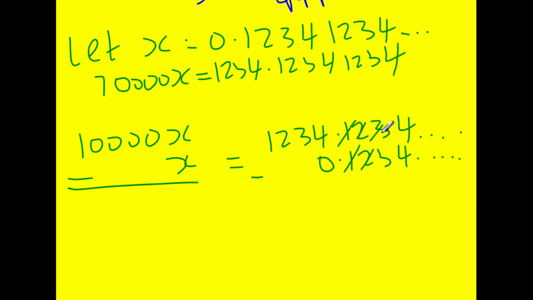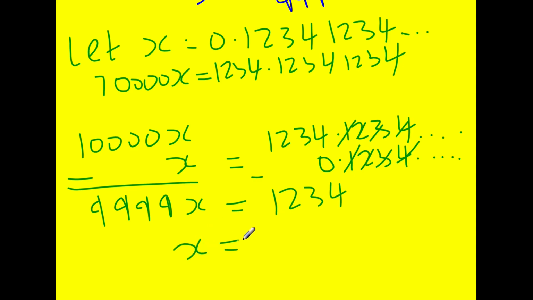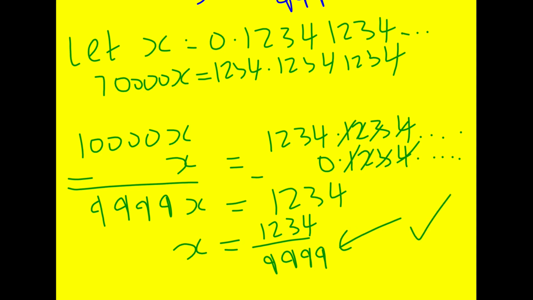These cancel. We're left with 9,999x equals 1,234. So x equals 1,234 over 9,999. Okay, very nice method for working out how to turn a recurring decimal into a fraction. Again, in this case, it doesn't simplify. That is our final answer.